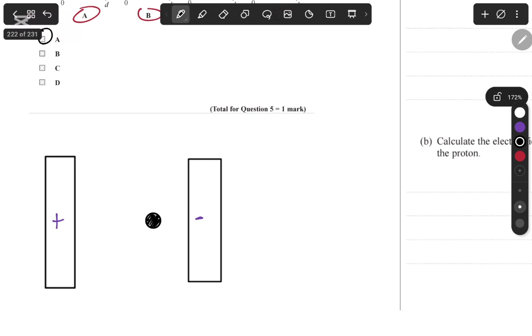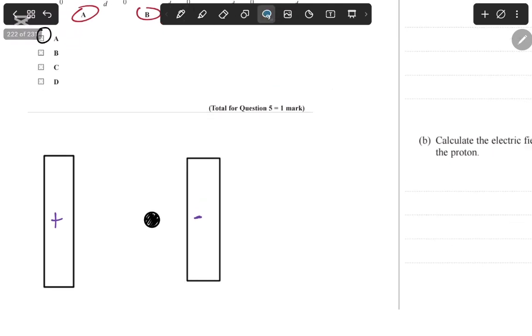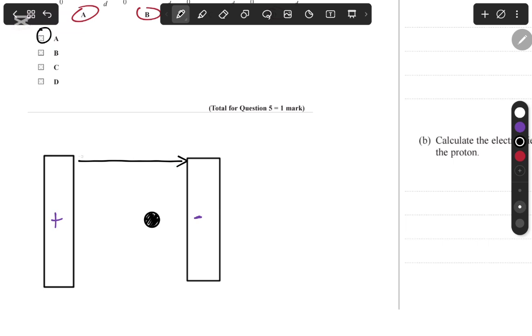Now students get confused with this distance as the distance between the plates. There's a difference. There's a distance between the plates, and then there's a distance covered by this charge. Which one are we talking about here? We are talking about the distance that's traveled by this charge, not the distance between the plates. If you change the distance between the plates, the electric field will change.